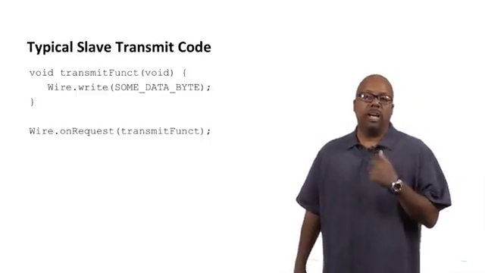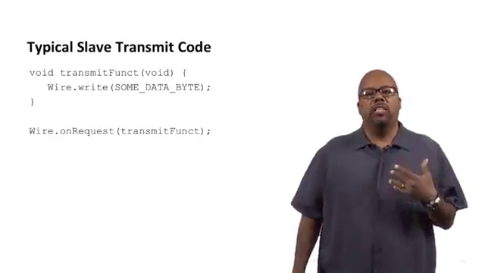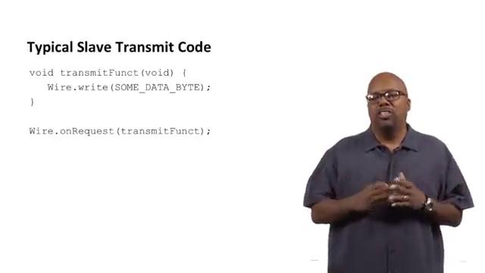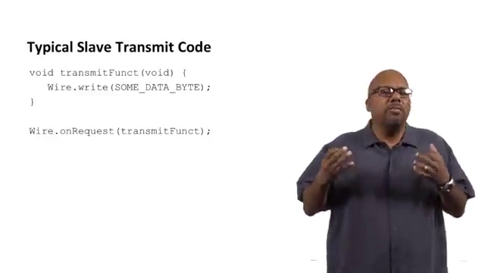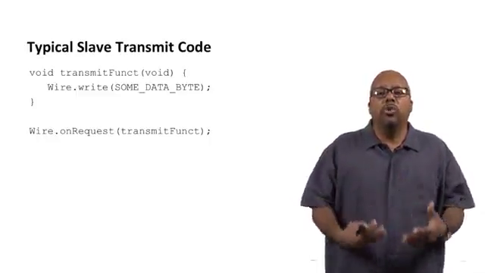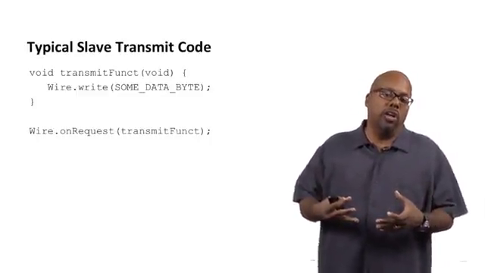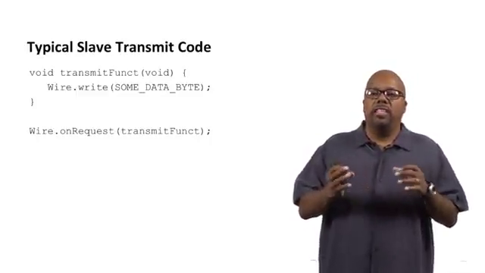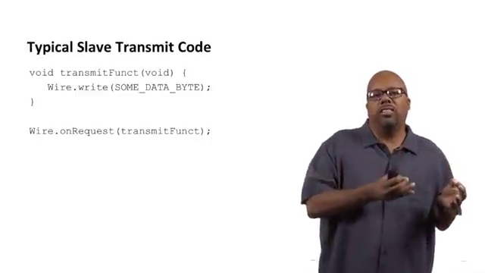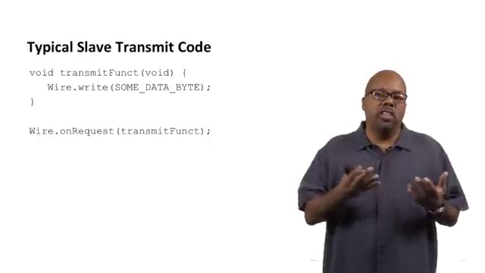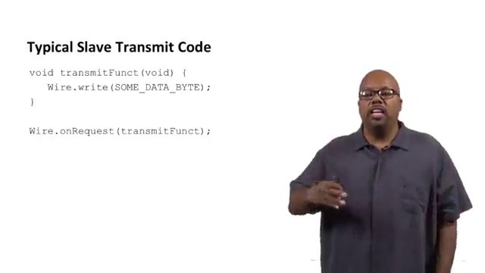Again, at the bottom, you can see wire.onRequest transmit funct. Transmit funct is going to be the name of the function that's going to do this transmission. Since we're passing that name as an argument to the onRequest function, that ties it to the request event. So when the slave receives this read request, it calls transmit funct.